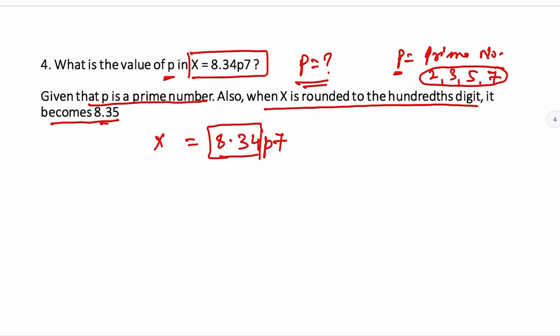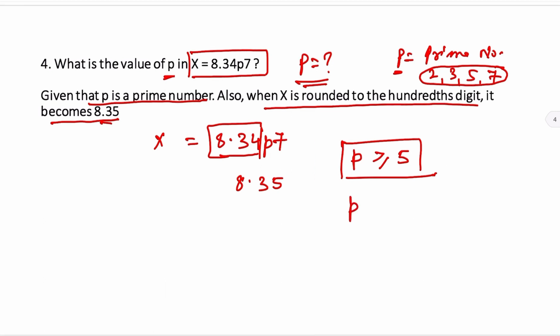So it becomes 8.35. So that means p is either equal to or more than 5. P is either 5 or more than 5. So we have our p as 5 or 7. Okay, so these two are the possible values of p.